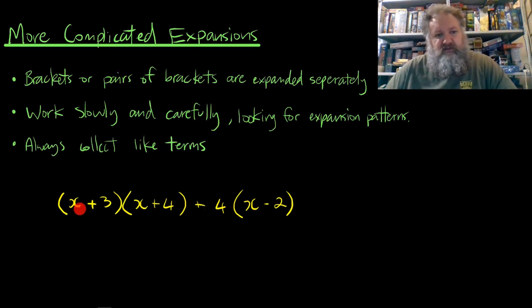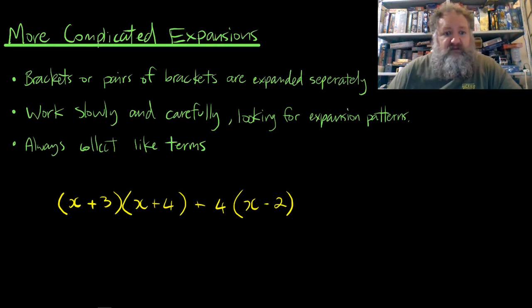Okay, so over here there's no pattern I can use. They are not squared. They're not the difference of squares. They're just binomials. We're just going to have to expand them out using the FOIL method. So we do our firsts and we get x squared, and then we'll have plus 4x plus 3x and then plus 12.